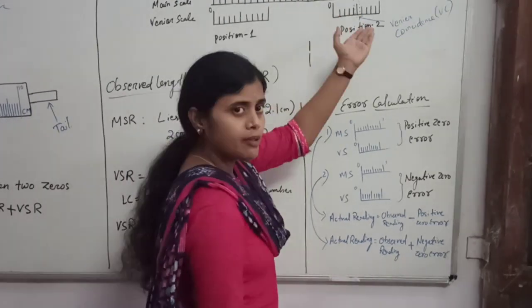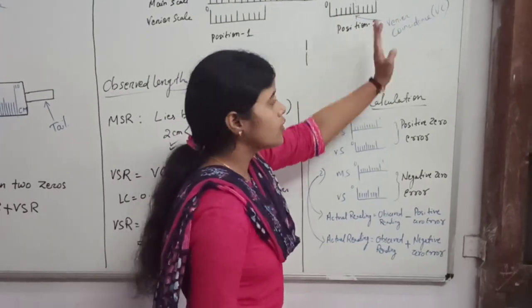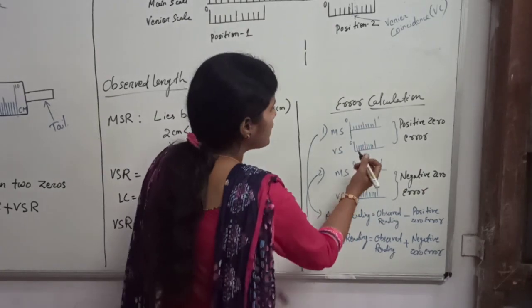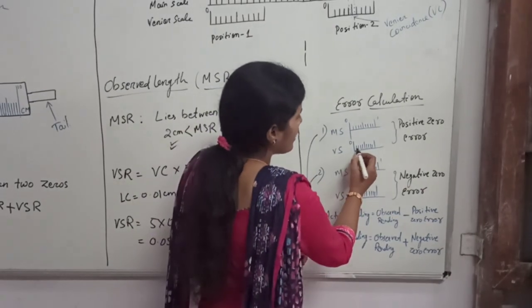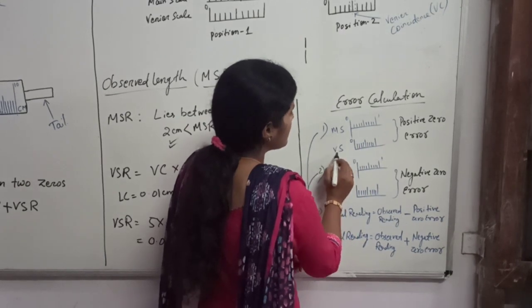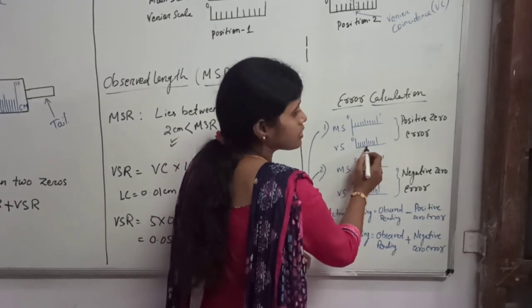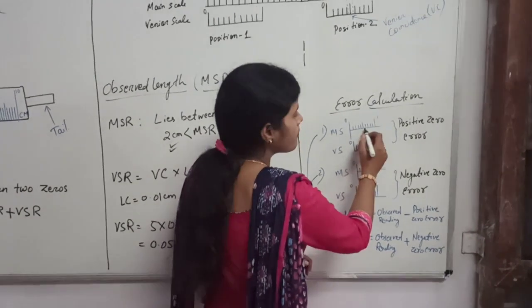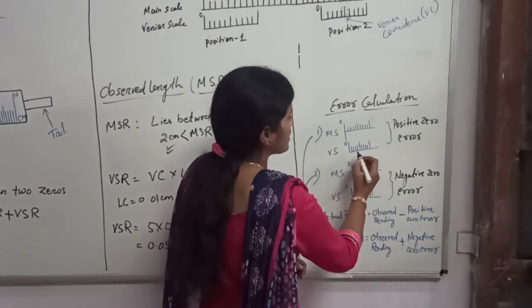Suppose it has positive zero error. Now what you have to do is follow the same procedure you followed for vernier coincidence. You simply check which division of this vernier scale will coincide with any division of the main scale.